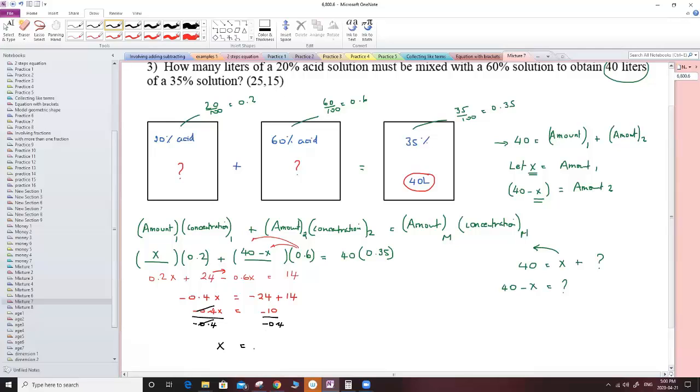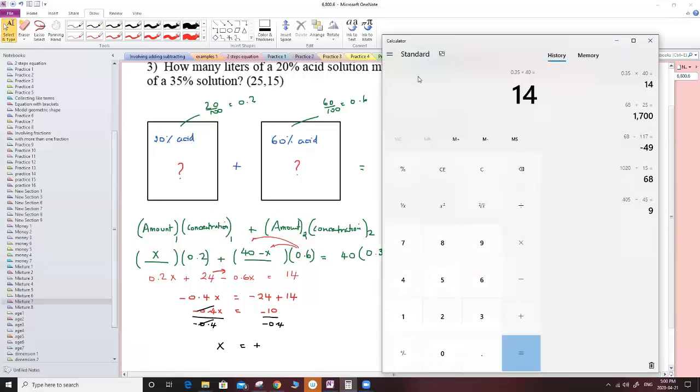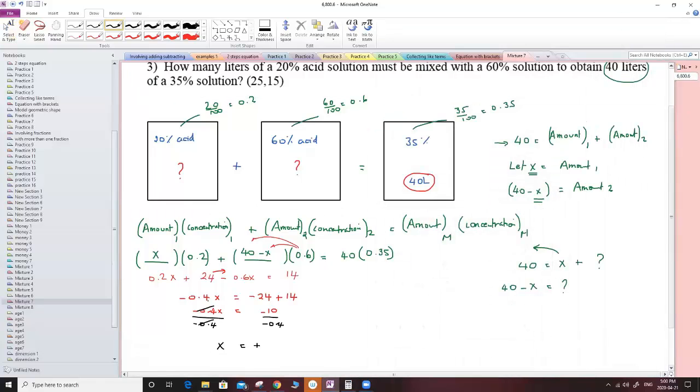And negative and negative is going to give me positive. 10 divided by 0.4 equals 25. That means the amount of the 20% solution is going to be 25 liters. What about the other one?